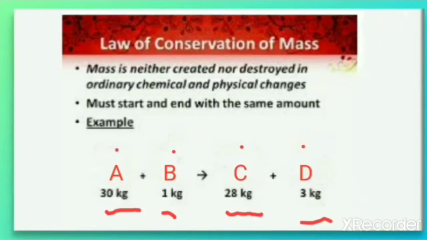When you add A and B, you get 31 kg, and when you add C and D, you also get 31 kg.